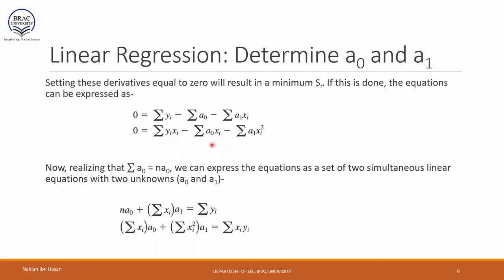In the second term, a0 is constant, so we take it out of the summation and say a0 summation over xi. In the third part, a1 is also constant, so we take it out of the summation, which makes this a1 summation over xi squared. So we are just simplifying these two equations into these two equations, and we need to solve these simplified equations.